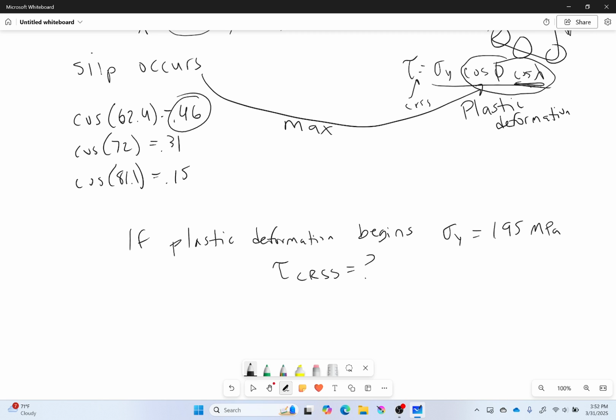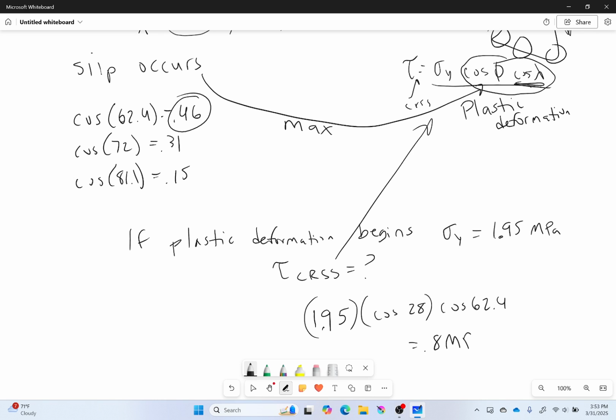All we have to do is plug into our equation from earlier. So I have 1.95 times cosine of 28.1 degrees, that was cosine of phi, times cosine of 62.4. I'll write it as 62.4 even though we already know the value. If I plug it in, I get a value of 0.8 megapascal. So that's my critical resolved shear stress, and we are done. We've got it.